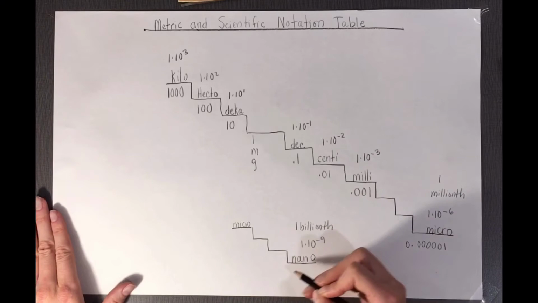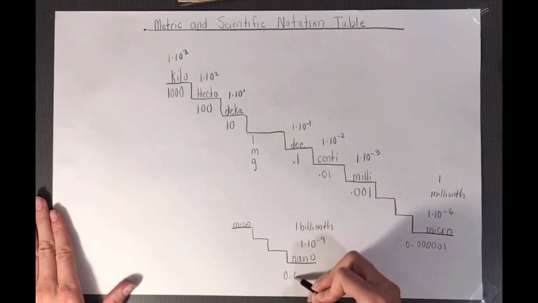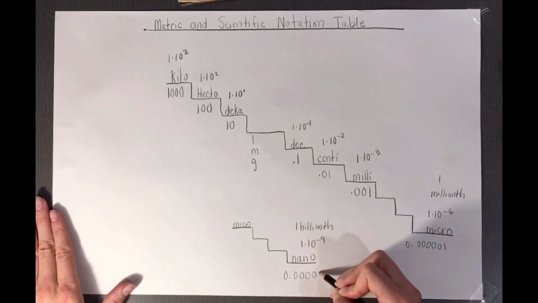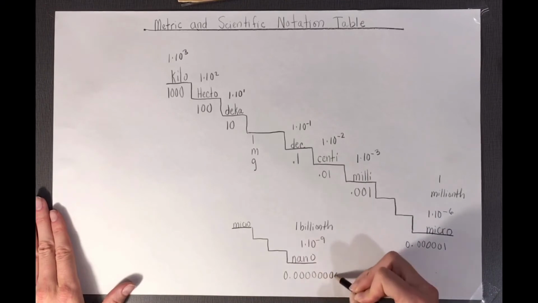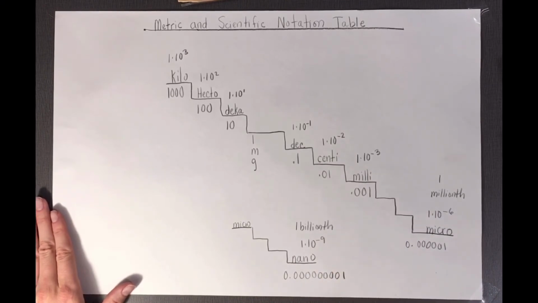This has 8 zeros in front of it: 0.1, 2, 3, 4, 5, 6, 7, 8, 1. You also have a lesson due on nanotechnology. You can find out more about that on nano.gov.